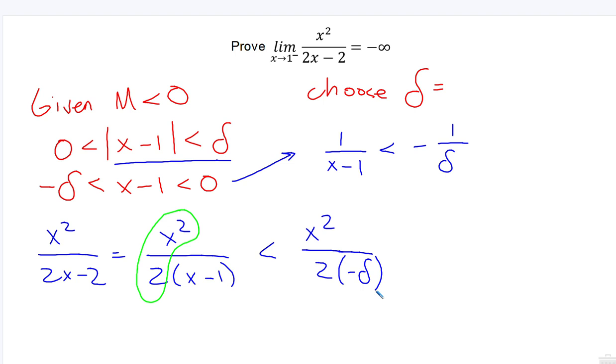Well, what do I know about x? I know that x is approaching 1 from the left-hand side, and so I know that it's less than 1.